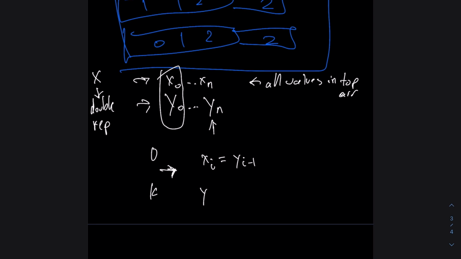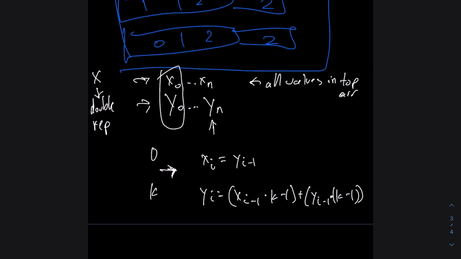And then same thing for that bottom, y at i, but this one's slightly different. We have to do x at i minus 1 multiplied by k minus 1, plus y at i minus 1 times k minus 1.